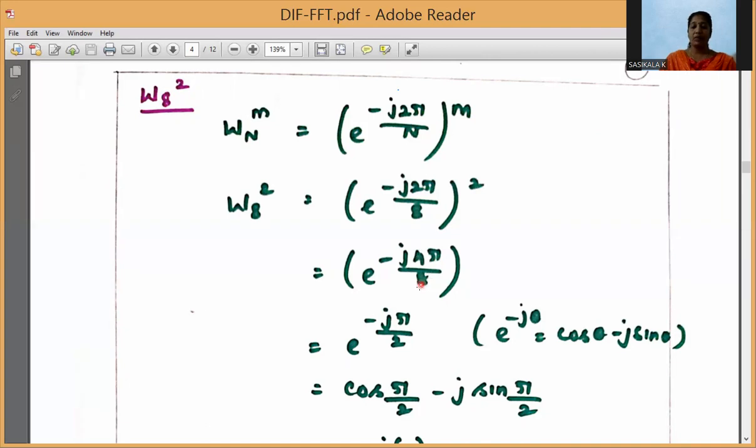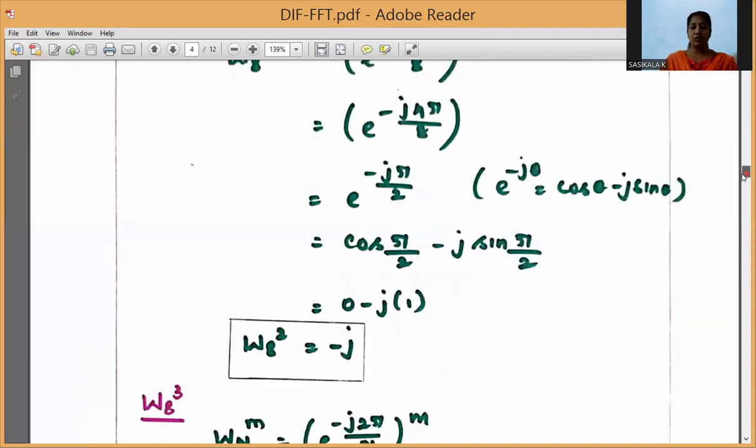This 4 and 8 will cancel and I'll be getting 1 by 2. So e power minus j pi by 2. We know the formula e power minus j theta is equal to cos theta minus j sin theta, and my theta value is pi by 2. So it becomes cos pi by 2 minus j sin pi by 2.